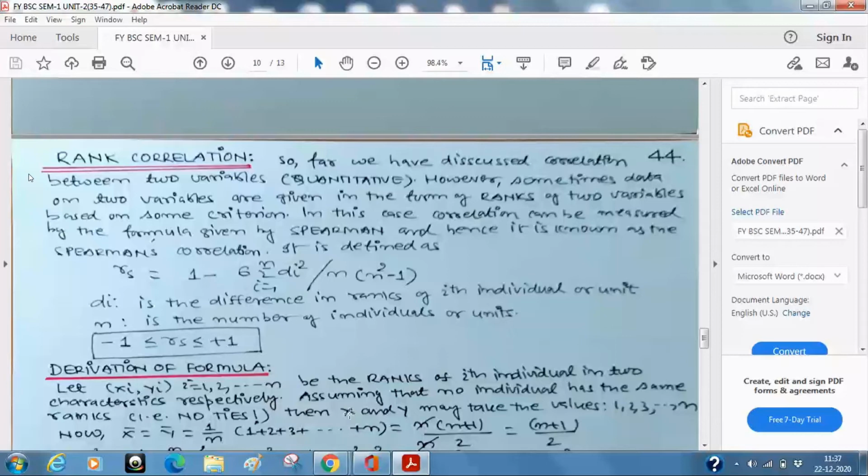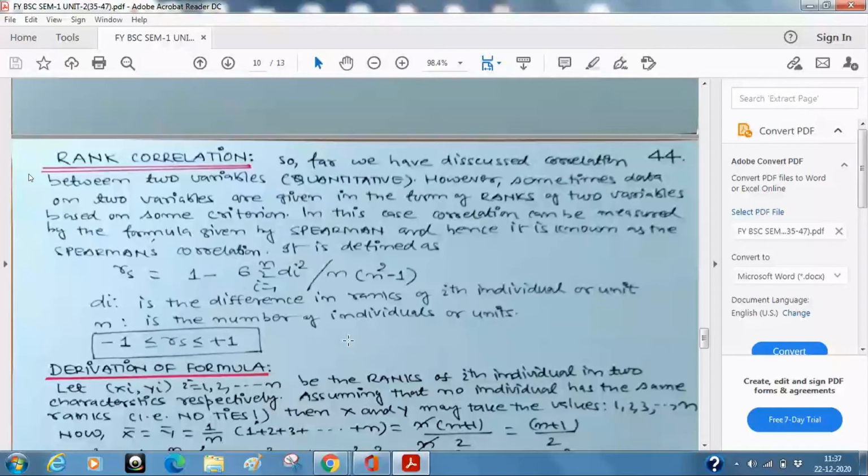So let us try to understand what will be the structure of data in case of ranking. Because in other cases, the data can be anything. Suppose 542, 572, 682, 890, 992. That is my x value. Similarly, my y value can be say 1000, 1200, 1500 and so on. So x and y can take any value in terms of quantitative data. But when we talk about qualitative data, and that too ranked data, what are the possible values of x and y?